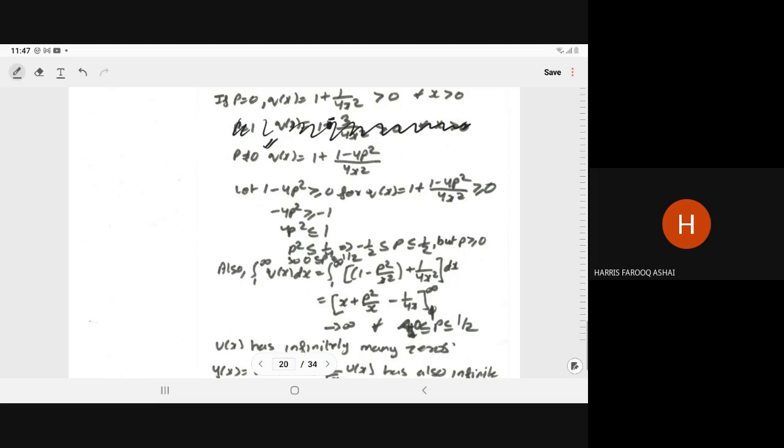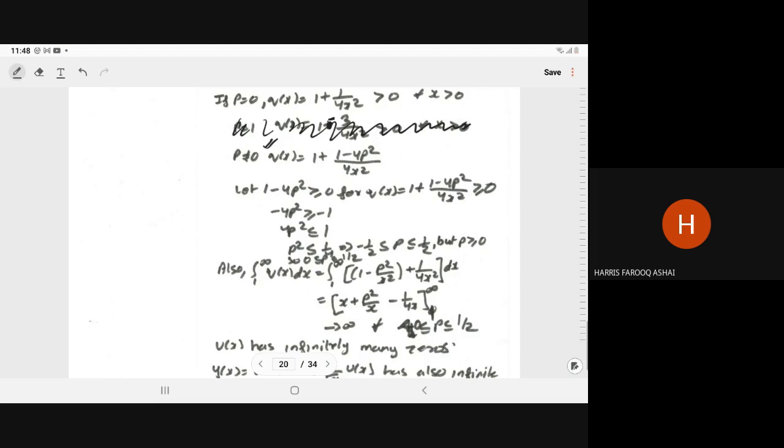In the last class I did p equal to 1, but I had not discussed p between half and 1 or more than 1. Here I will discuss the general case, p greater than half, so that automatically that case will come and we need not check twice for the particular point. Clear?